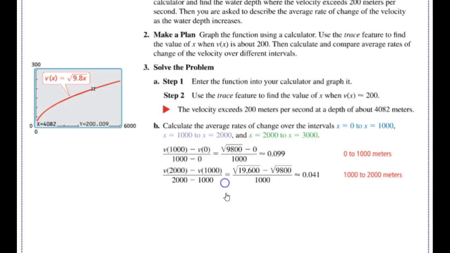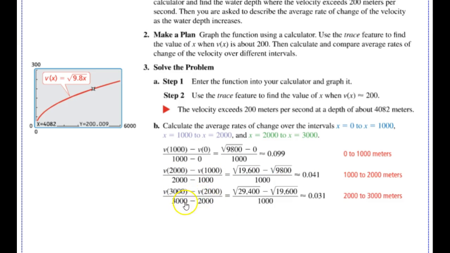And then I can do the same with 1,000 and 2,000, and then from 2,000 to 3,000. So now I can see that as my water gets deeper, my average rate of change gets slower, or my change in velocity decreases, because these numbers get smaller as my water gets a little bit deeper.